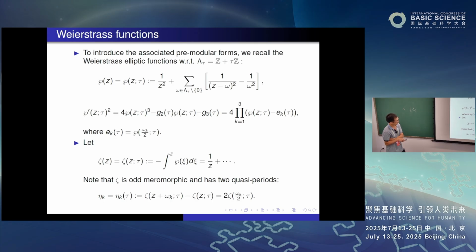It is a primitive function of P, up to a sign. This zeta function is meromorphic and has two quasi-periods because its derivative is doubly periodic. So zeta is not doubly periodic. If you add a period, then the difference is a constant, a constant eta_k.